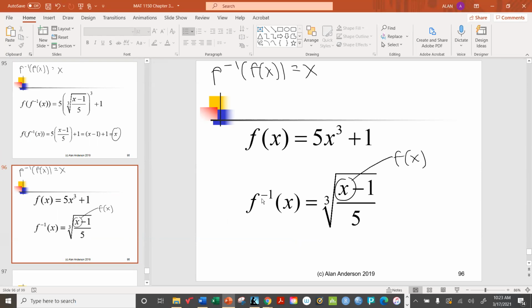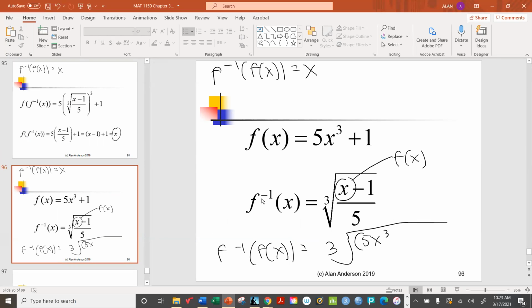So in other words, we're going to end up with f inverse of f of x equals the cube root of this entire expression, 5x cubed plus 1 minus 1 over 5. And now we want to make sure that this turns out to be x. If not, that means we've done something wrong. We don't like to do things wrong, do we? No. We want everything to work out perfectly.